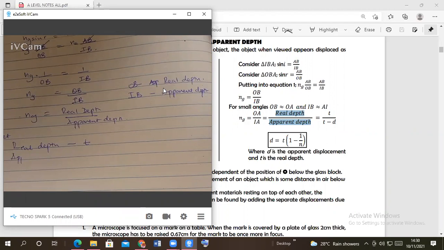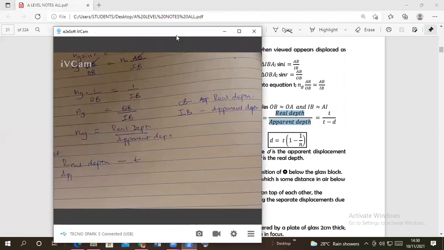So it is given by, okay. So if the real depth is given as T, okay, my camera is not responding.